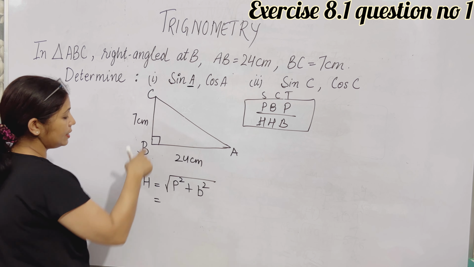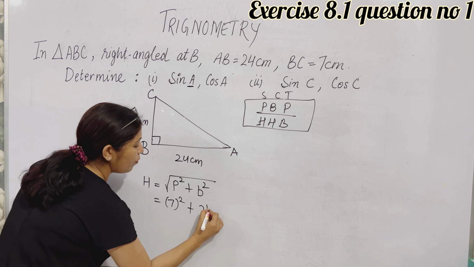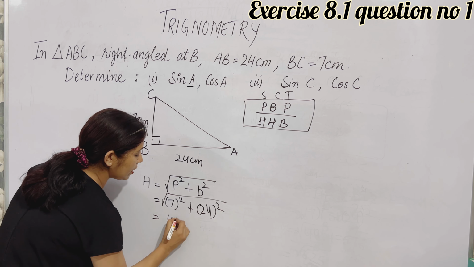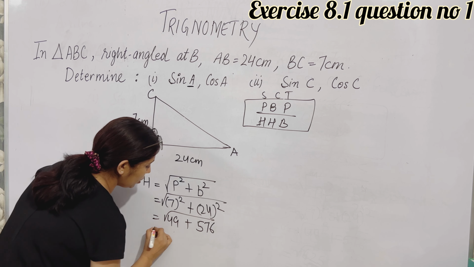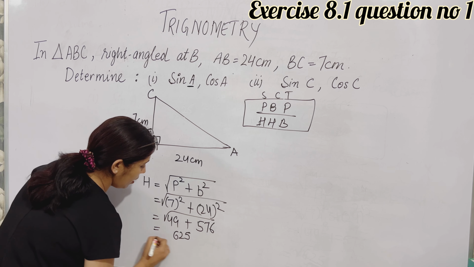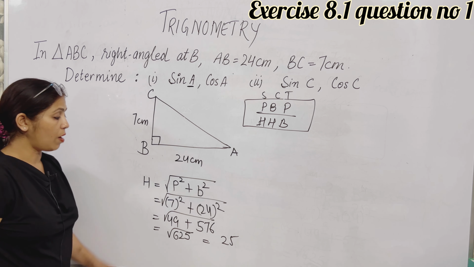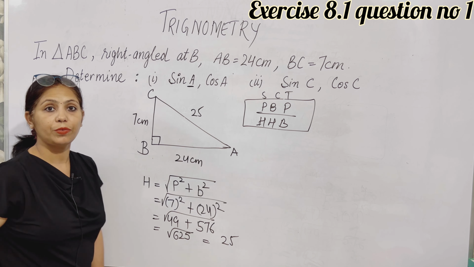P is given here, 7. B is given, 24 cm. So calculate: 7 times 7 is 49, 24 times 24 is 576, total is 625, and the square root of 625 is 25. So our hypotenuse value is 25, write 25 here, right?